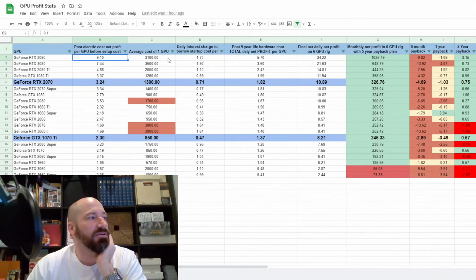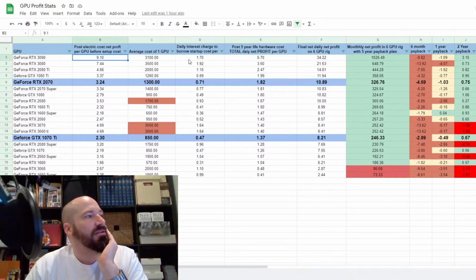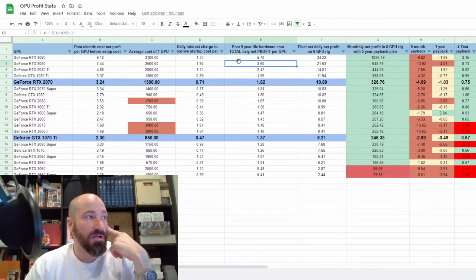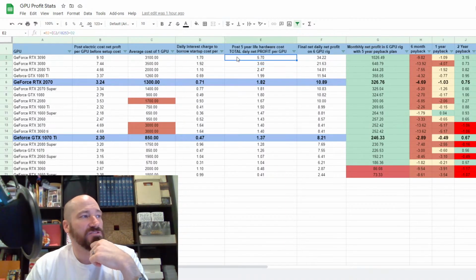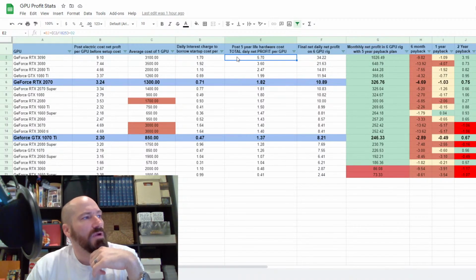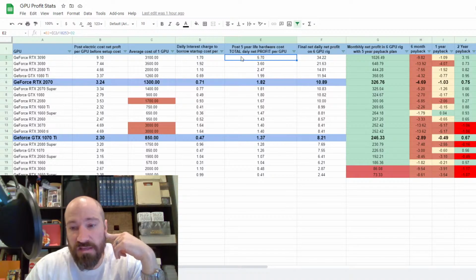So what I've done here is I put an average cost of the 3090 that I was able to get at $3,100, okay? And then the daily interest cost to borrow money to pay for it, with a 5-year payoff schedule. So right here, if we were to pay off this GPU over 5 years, it would cost $5.70 a day.